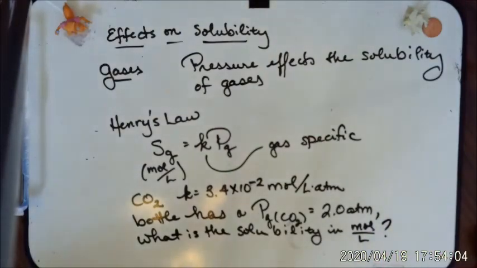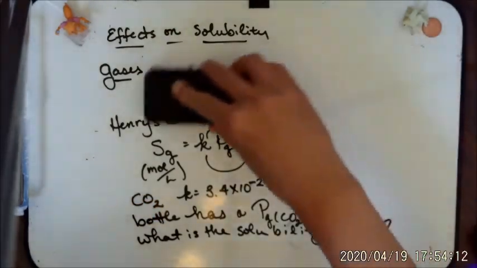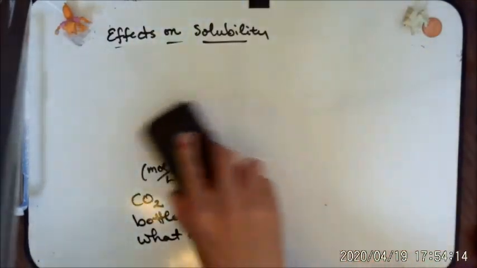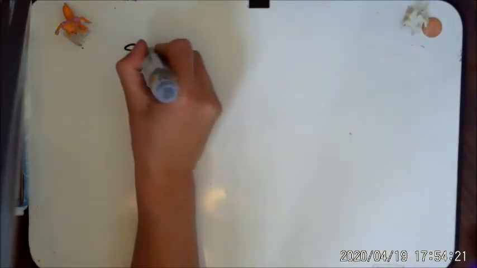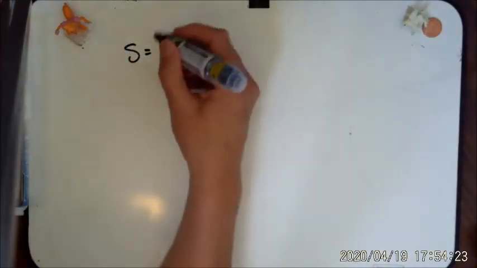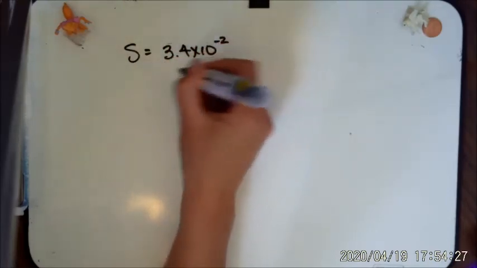When you apply this, all we have to do is follow Henry's law. So let me do the calculation first, and then I'll explain what's happening here. The solubility is going to be equal to 3.4 times 10 to the minus 2, and don't forget, this will be given.